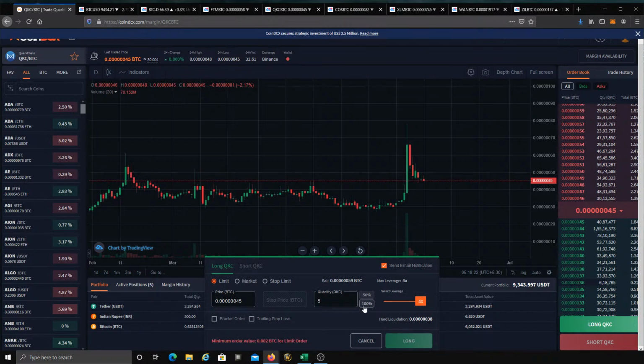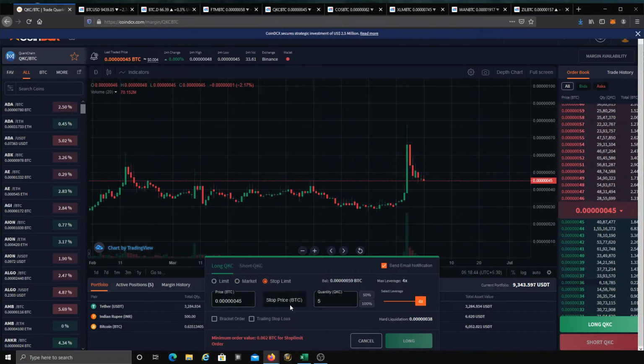Now, I don't have any freed up Bitcoin because either I'm in a position or I'm in Tether. I'm in a stable coin. But let's say I want to open up a long position. It says, of course, my minimum order has got to be X amount or whatever. So I can limit, or I can market, or stop limit, which means I can set a price.